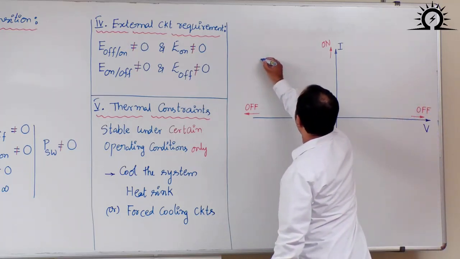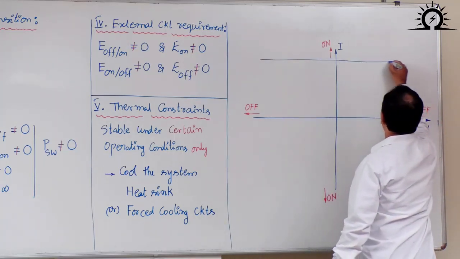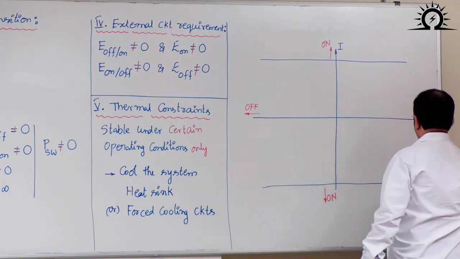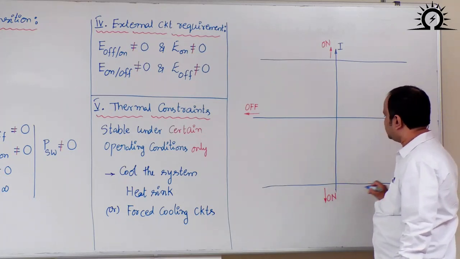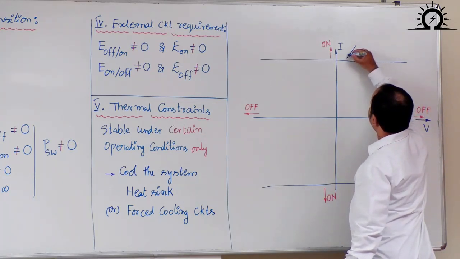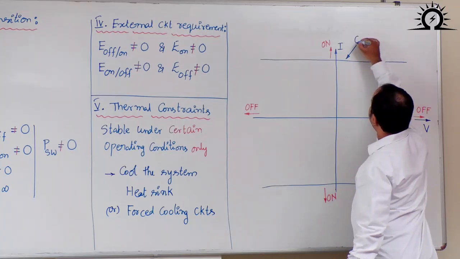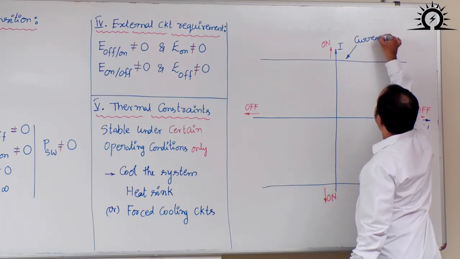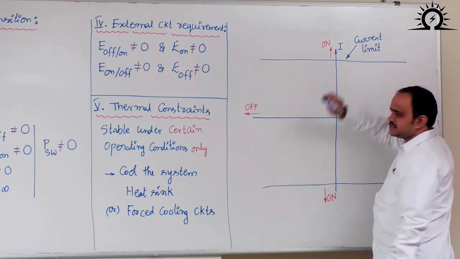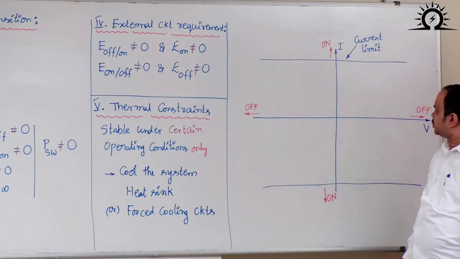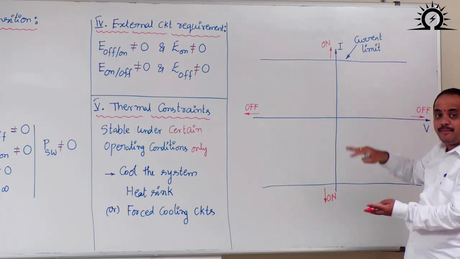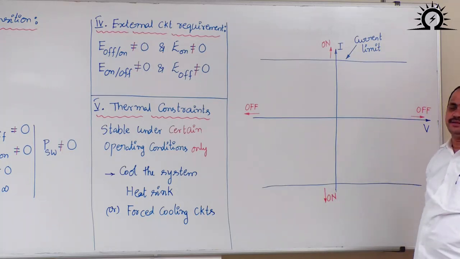Therefore, I can draw that limit on the current like this. Let us write this as the current limit. So you cannot operate at infinite current. You can operate the switch with a finite current.